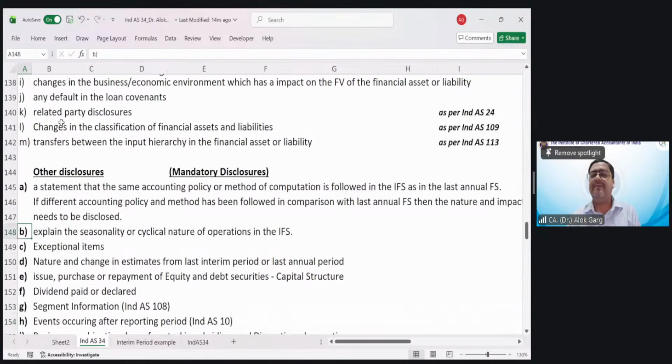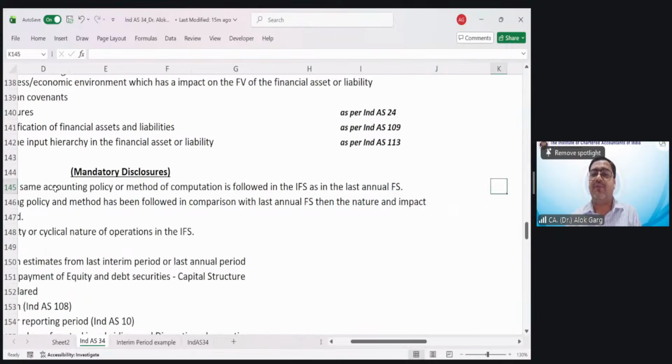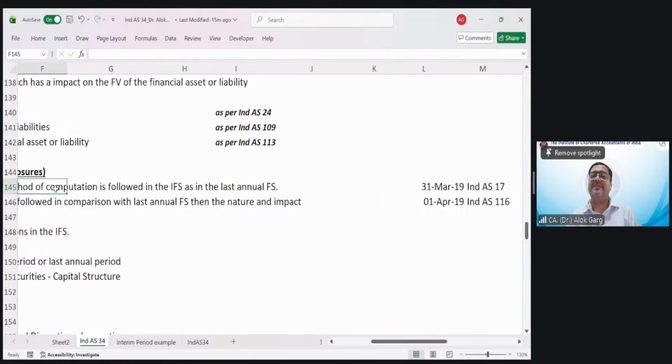The standard says that instead of giving the full accounting policy in every interim financial statement in the notes to accounts, you can simply write a statement that the same accounting policy or method of computation is followed in the interim financial statement as in the last annual financial statement.